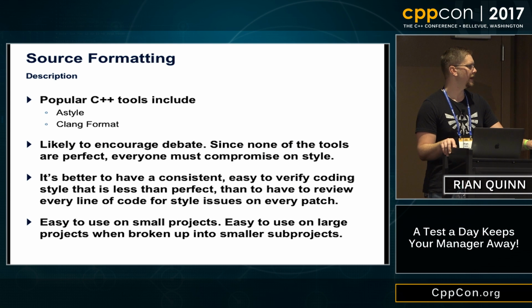I haven't found somebody who has looked at these source code formatters and said, it does everything that I want it to, and it meets my personal preferences perfectly. It's just never happened. So if you're going to integrate one of these tools in, the positive and minus to this is that everybody compromises. So nobody's going to get everything they want. But it's better to have a consistent way to verify the style of your code than to get the perfect source formatting out of these tools.